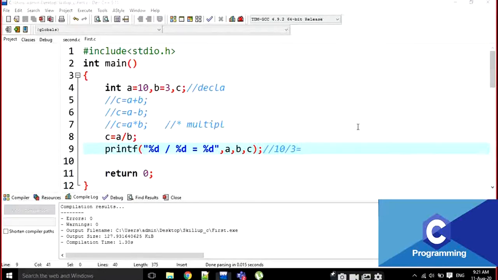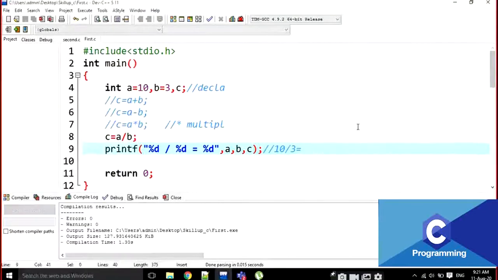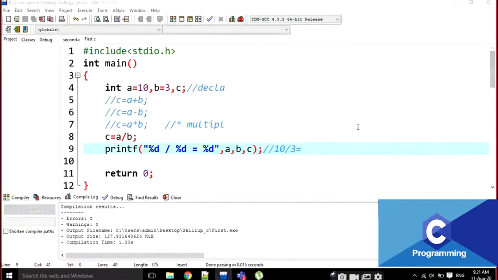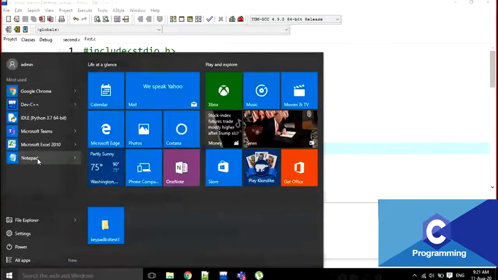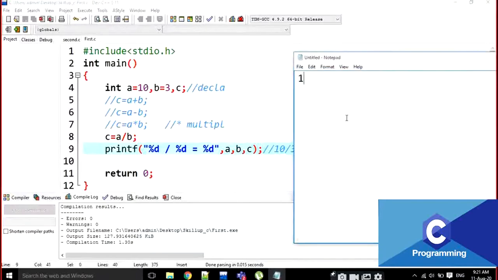Because decimal is not taken, we only take these integer values, sir. The operator works on integers, and we won't get the float value. Here we declared C as an int value. Both are integer values, so the output will be an integer value.